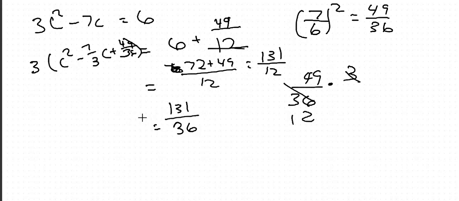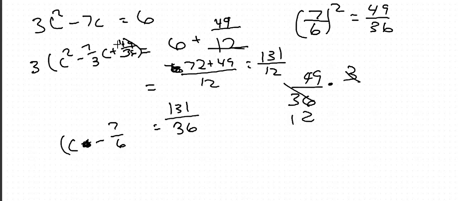And then c squared. Well, I've already completed the square now. Is that the answer? Complete the square. What is the c being subtracted by? Minus 7/3, 7/6. 7/6.